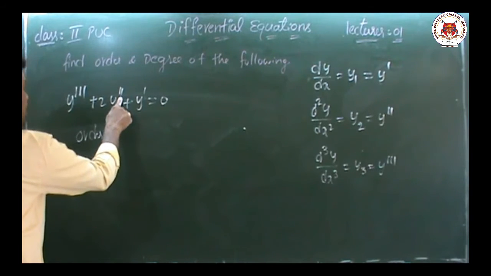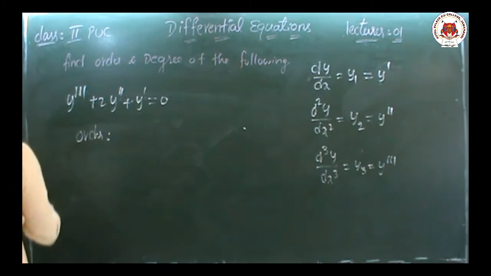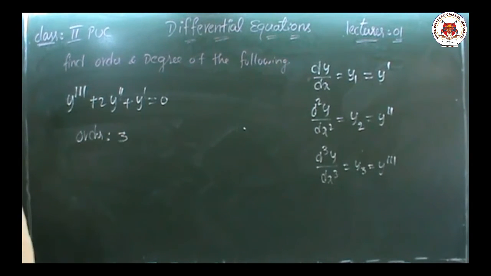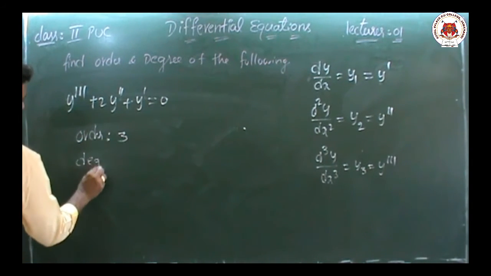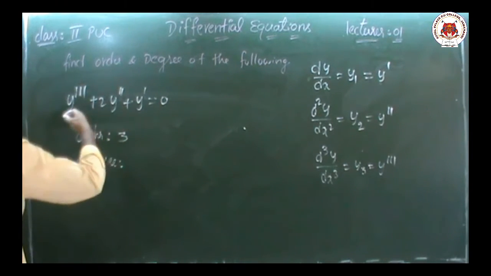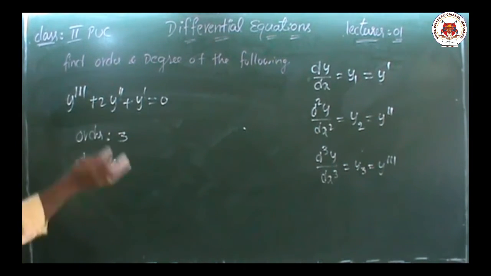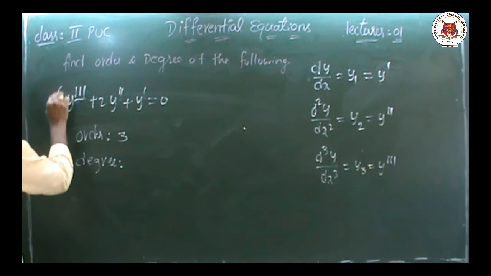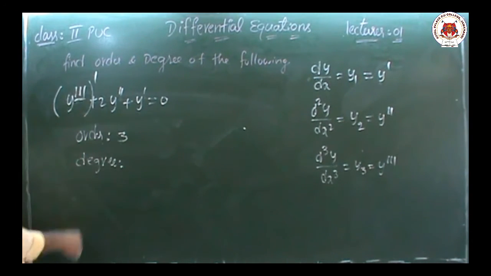So order is equal to 3. What about the degree? First check: there is no trigonometric function, no logarithmic function, no e power. Definitely degree can be defined. The term you take as the order, its power is the degree: nothing is written, so 1. So degree equal to 1.